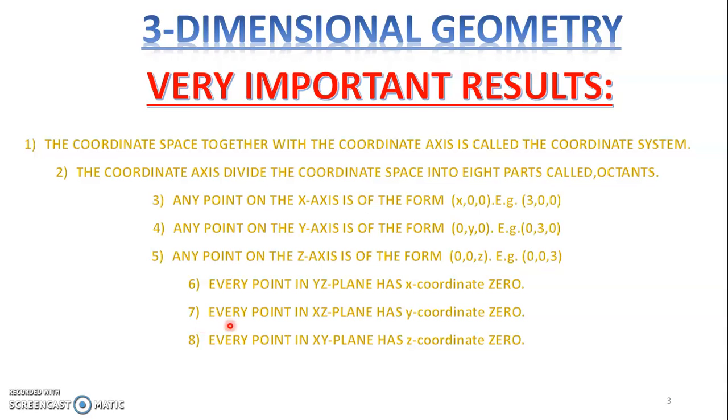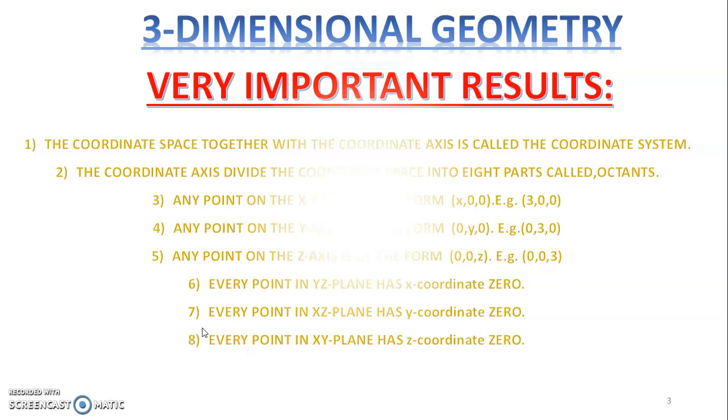See now, every point in the XZ plane has Y coordinate 0. Last, eighth: every point in the XY plane has Z coordinate 0. So there are octants, this means 8 parts, and these are 8 results which you should keep in mind. This will be easy for you to solve questions, otherwise you will definitely make mistakes, students. Write these results in your fair registers. Now I will explain more.